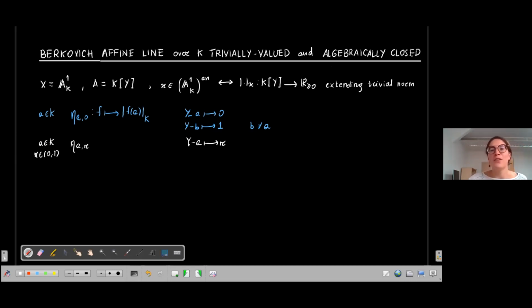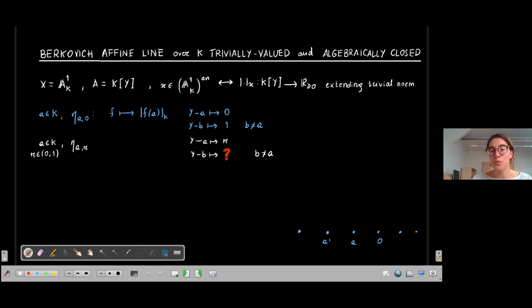So now this is another question for the audience. I just gave you the condition that y minus a is sent to R. What will be the norm of y minus b if b is different from a?